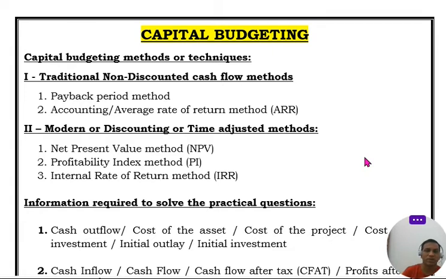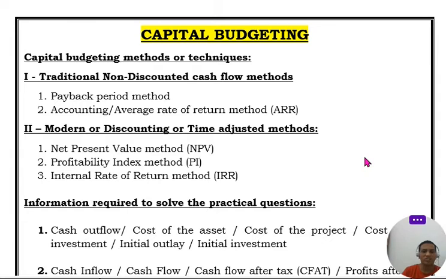Before starting with the capital budgeting methods, first of all, what is capital budgeting? In simple terms, capital budgeting is a long-term investment decision. It is a decision related to investment in fixed assets, long-term assets. The available funds are limited.